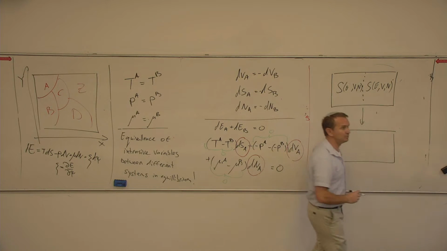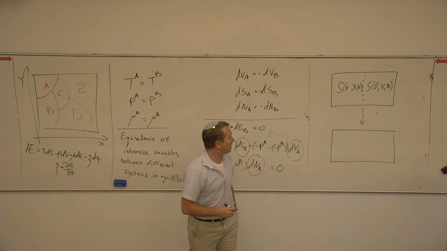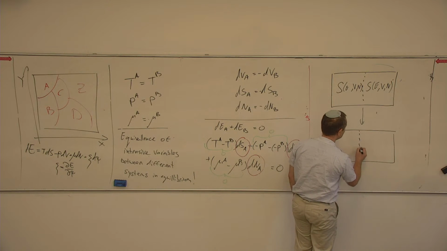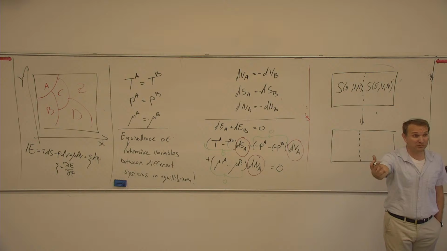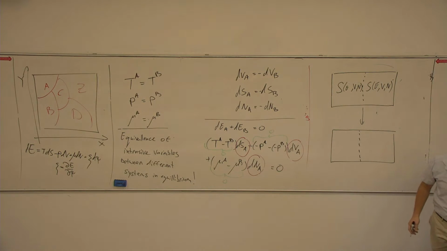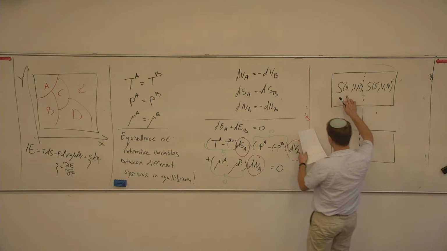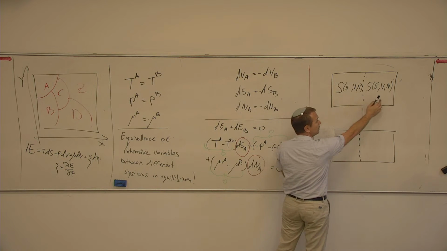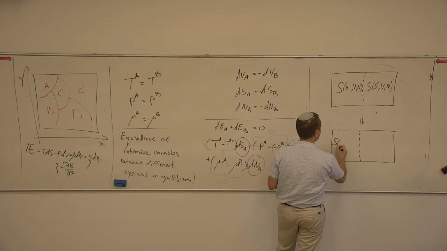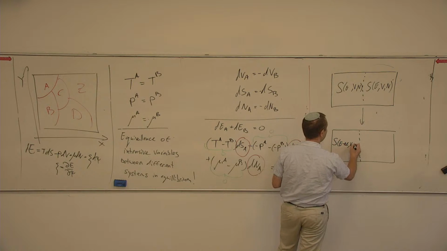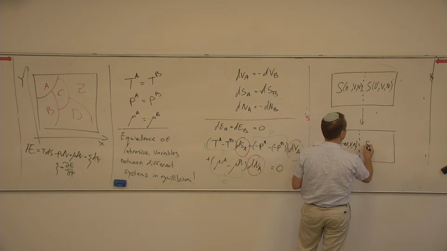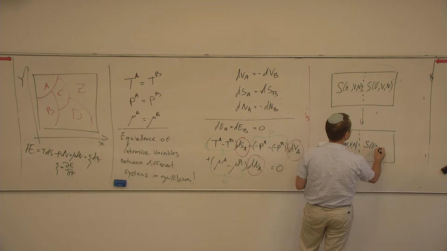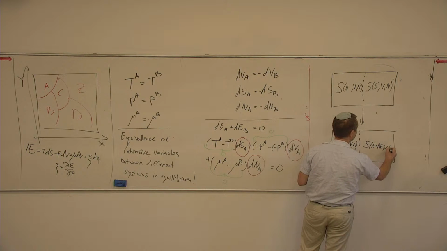Let's assume that I did it on purpose, or by random fluctuation, but I managed to move some energy from the left-hand side to the right-hand side. So I have S, E minus delta E, V and N. And here I have S, E plus delta E, V and N.